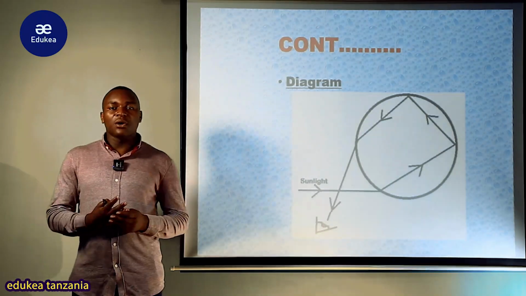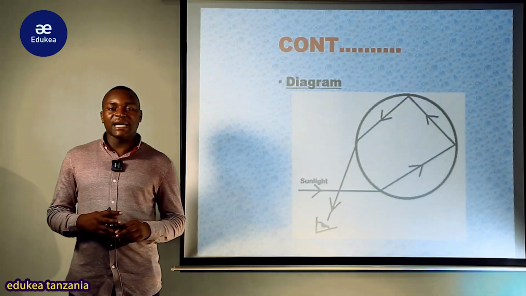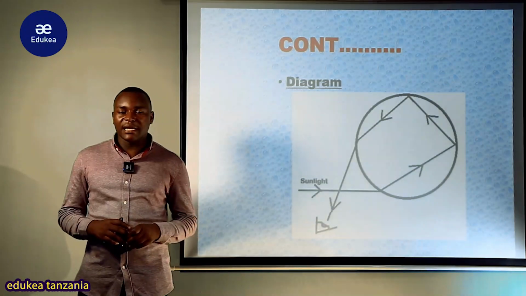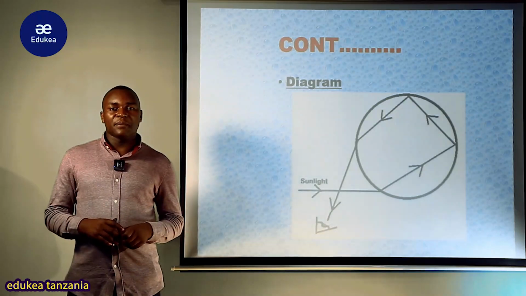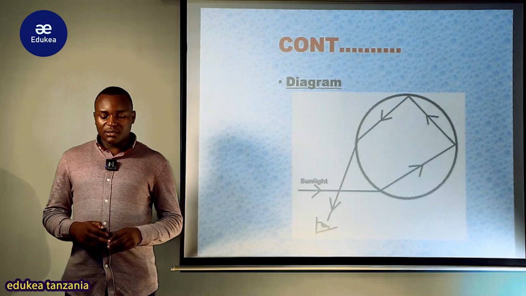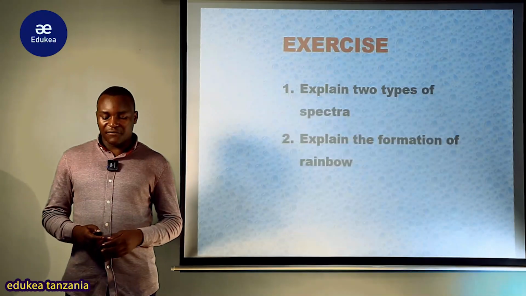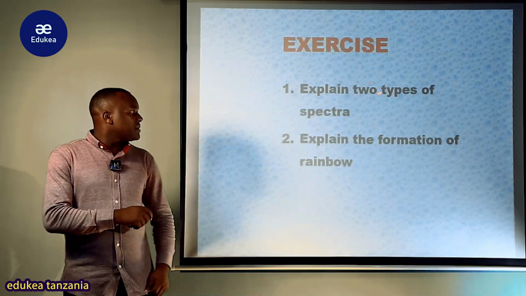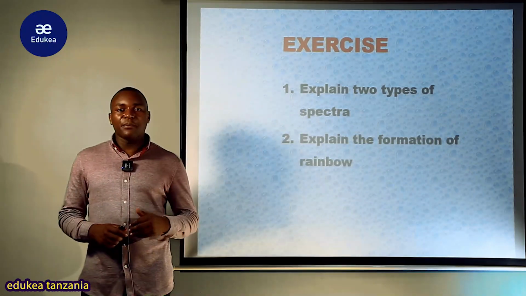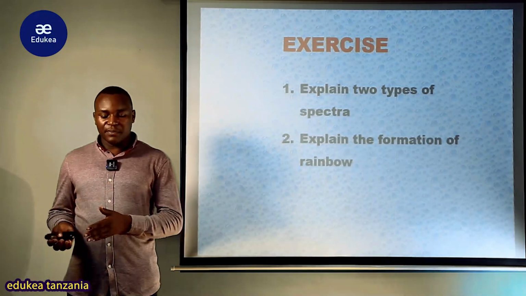So that is all about the dispersion of white light as we have studied, and we have learned about the rainbow, and saw there is a primary rainbow and a secondary rainbow. So before we close, let's have a task to perform. The question is explain two types of spectra. As we learned, there is a pure spectrum and an impure spectrum.